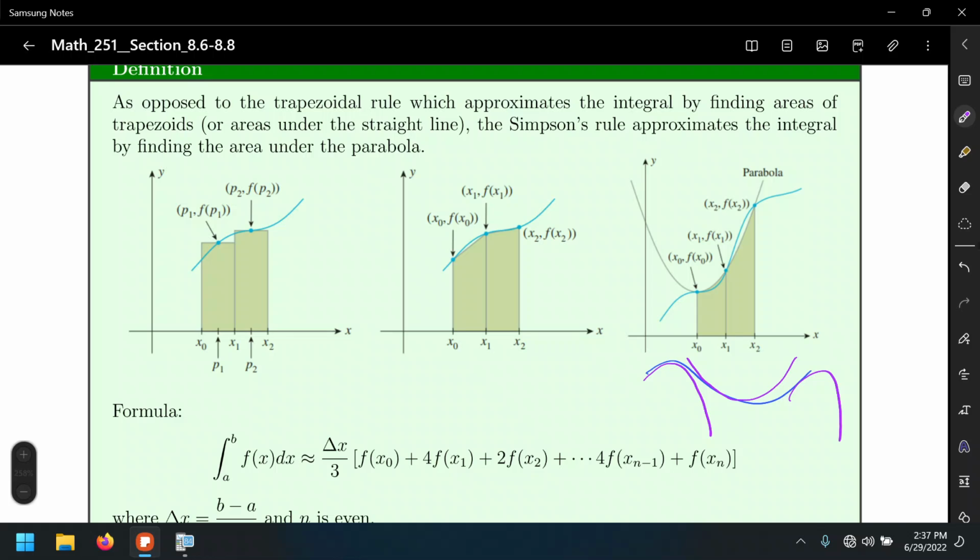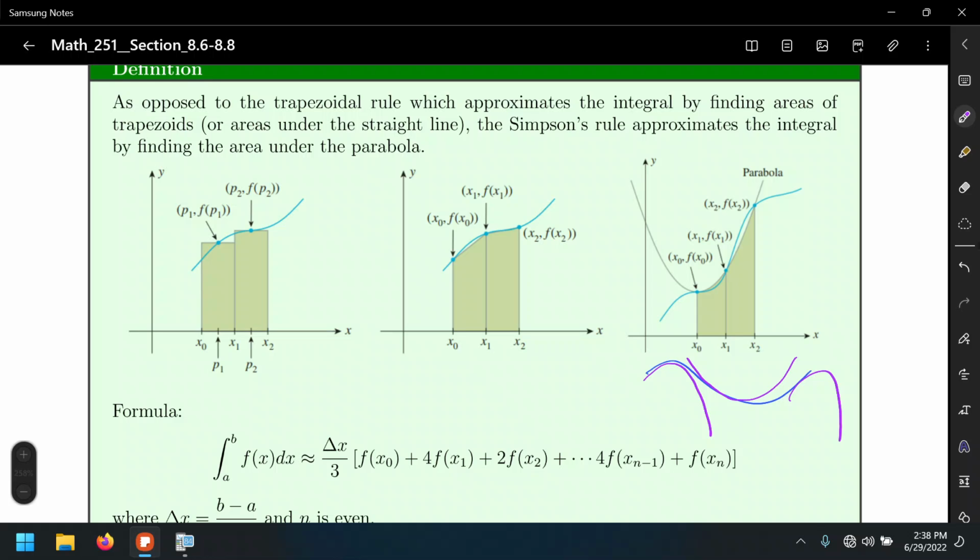I think we can see the pattern here. These are horizontal lines, right, the top parts of these rectangles, but aren't those horizontal lines basically polynomials of degree 0? And what about these lines? These are polynomials of first degree. What about these parabolas? Aren't they polynomials of second degree?